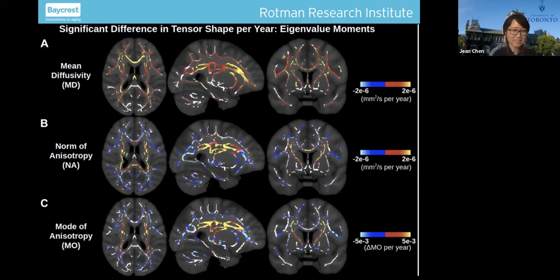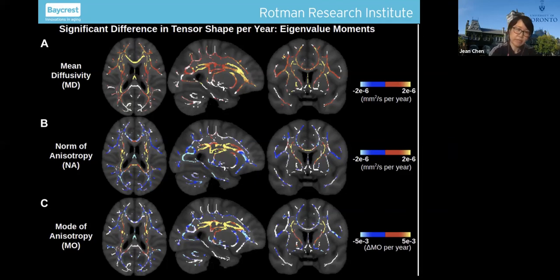But you do see this increase now, this higher anisotropy in this region that we had seen effects in FA before. So this is saying anisotropy is higher in the older people, as is the mode. So these really do go hand in hand, and they have somewhat similar interpretations.